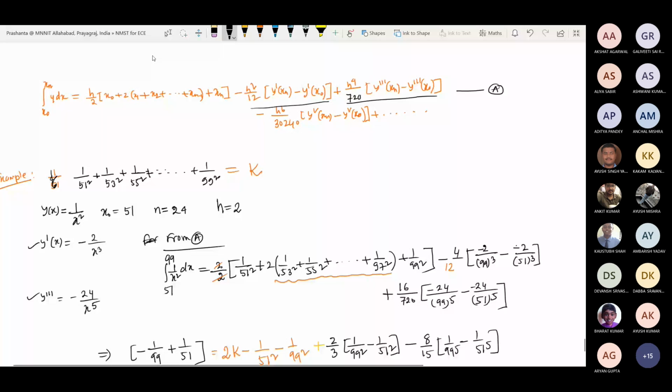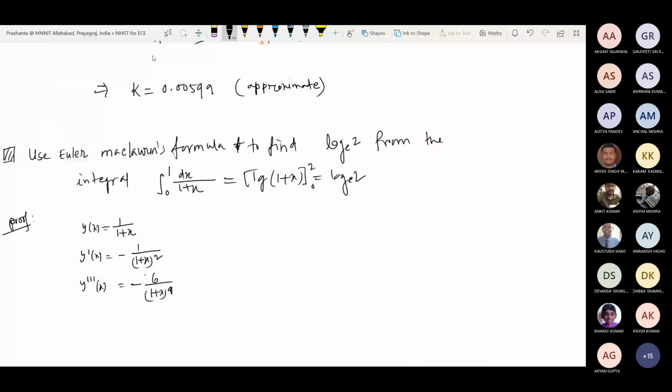So here, tell me how many data points you want to create. Okay, let us create 3.